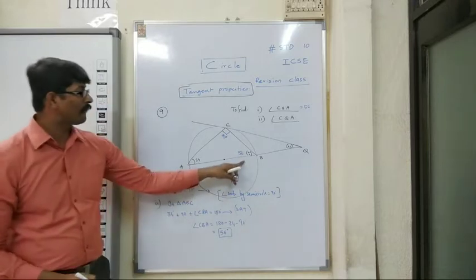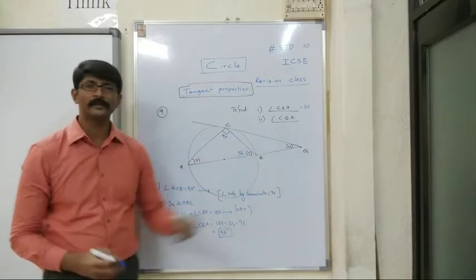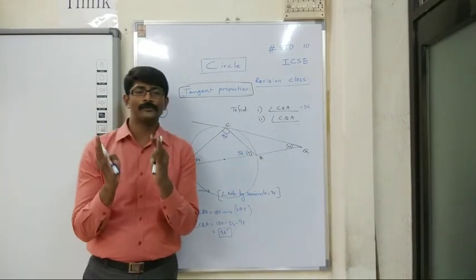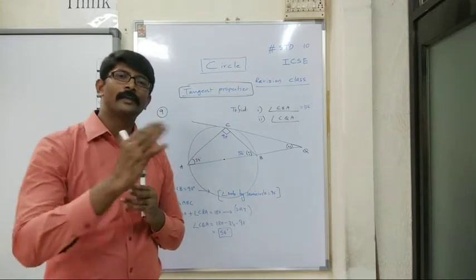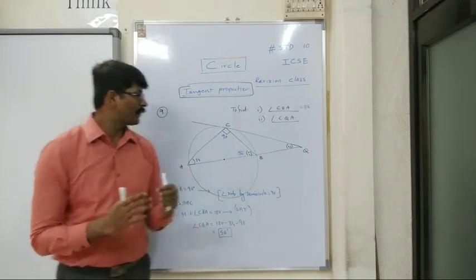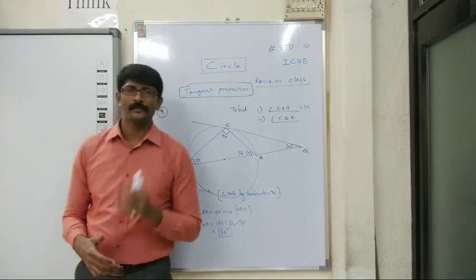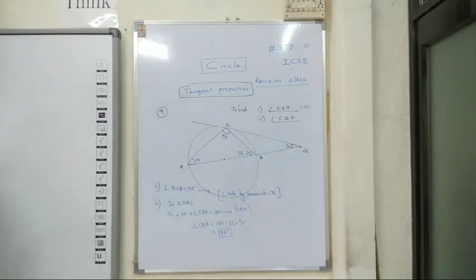Now how are we going to calculate this second part? Over here we're going to use today's property, angles in alternate segment. Now how do we use angles in alternate segment? Students, look at this.